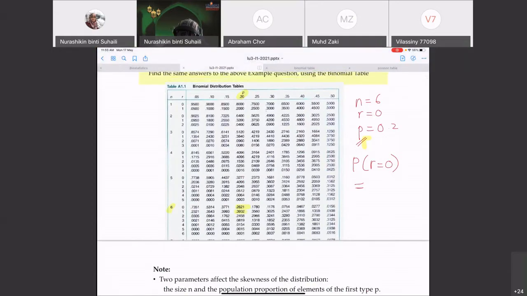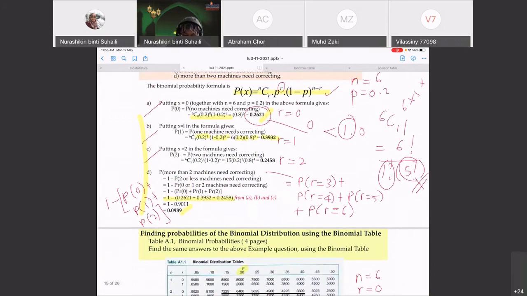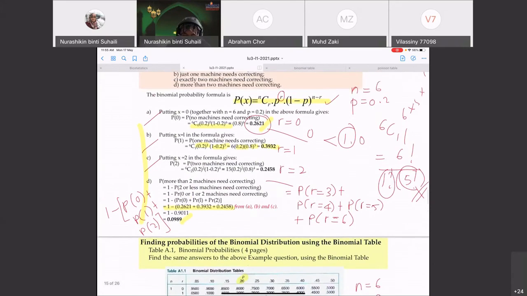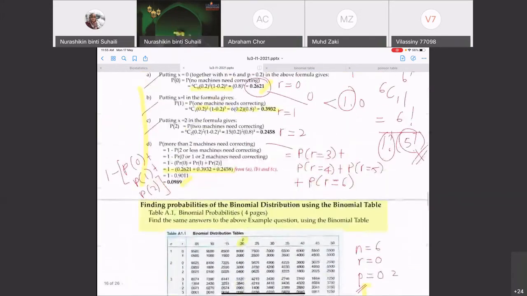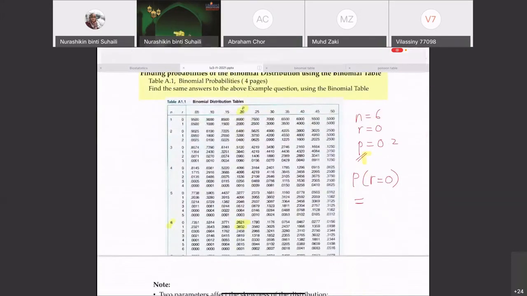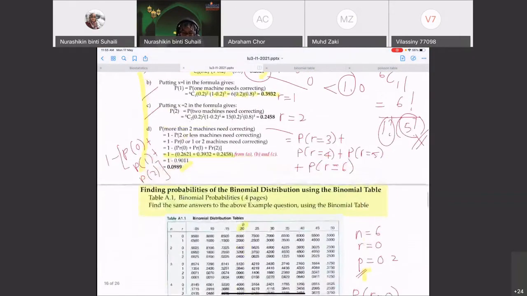If you want to compare with our answer for B when we calculated manually, it is this one, 0.3932. C is 0.2458, so this one is here, 0.2458.